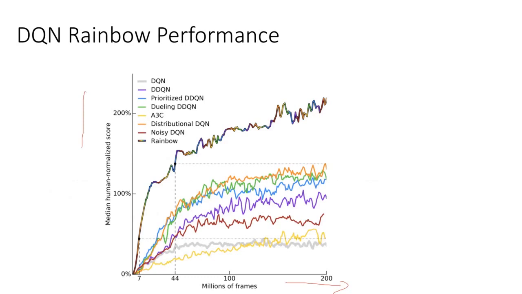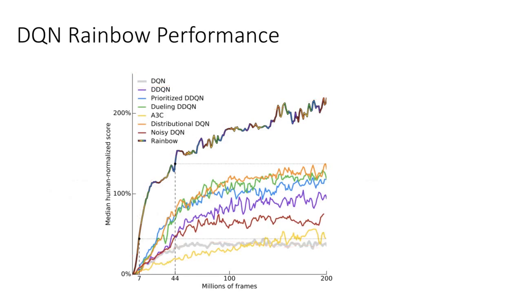This is the performance compared to a human agent. The gray line which you can see here is the basic DQN performance that we discussed. This curve is Rainbow, which puts all of this together at the same time, but very cleverly.